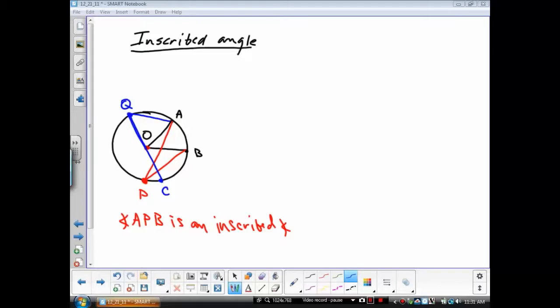Okay, so an inscribed angle, let's write this definition up here, is an angle whose sides are chords and whose vertex lies on the circle.